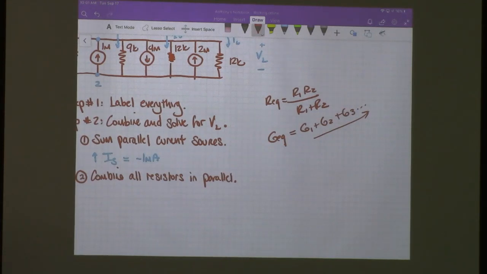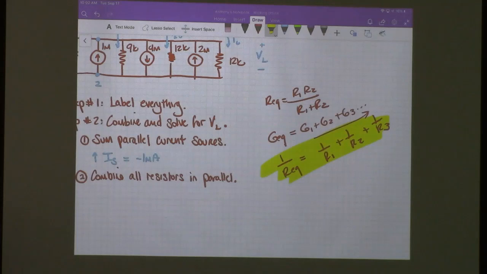So if we wanted to write this another way, we could say 1 over R equivalent is equal to 1 over R1 plus 1 over R2 plus 1 over R3. That's the same thing as saying the conductance is 1 over R. This form will be easier for us to use to combine since we have 4 resistors to worry about.